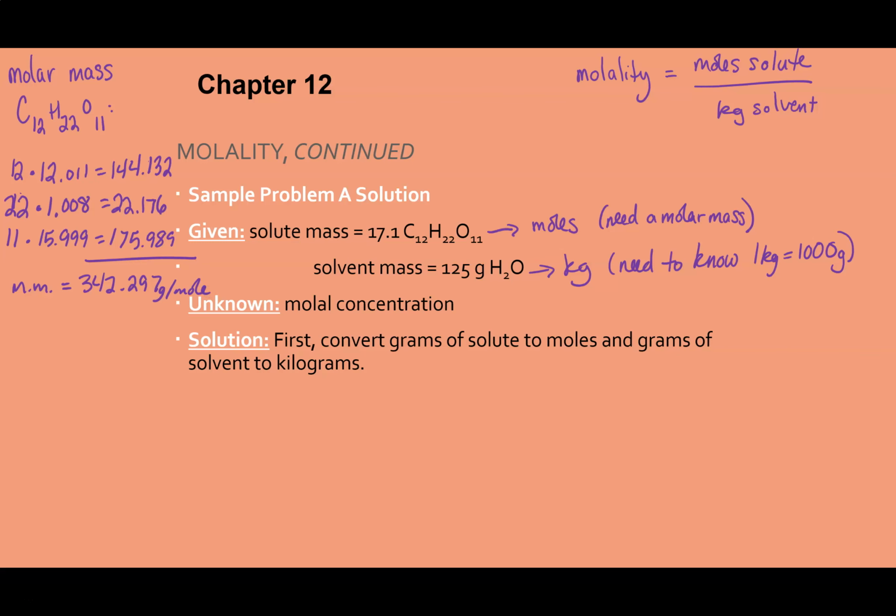That's okay. All right, so the first thing we're going to do is convert the grams of solute to moles. So this one, we're going to go 17.1 grams of C12H22O11. We know that 1 mole of this is going to weigh 342.297 grams.